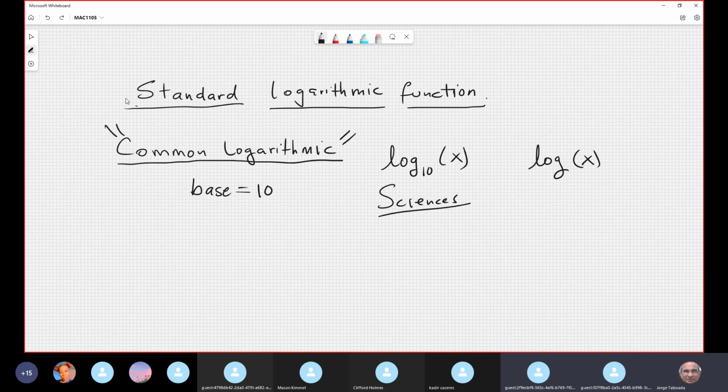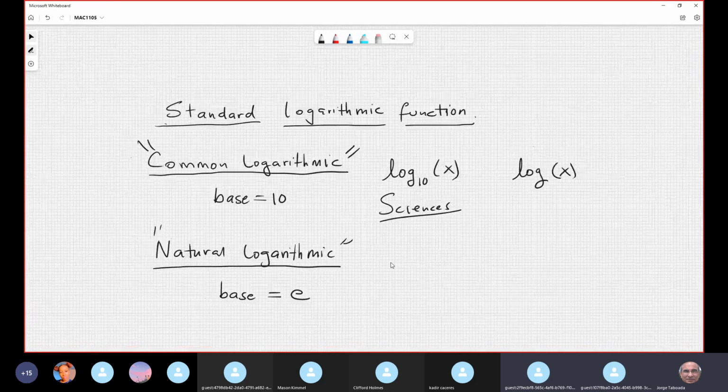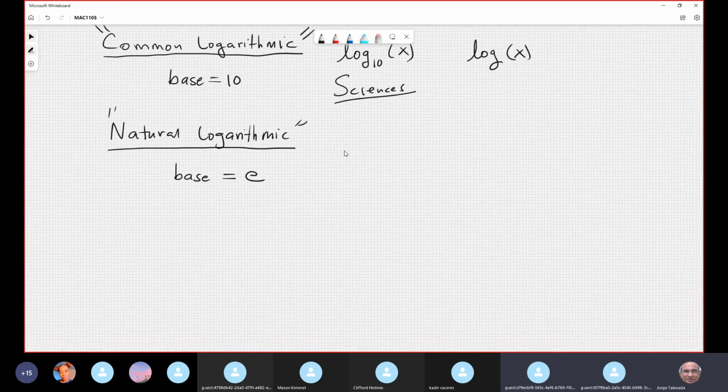Now we have another very useful one, the natural logarithm. In the natural logarithm, the base is e. What is e? e is a famous irrational number.